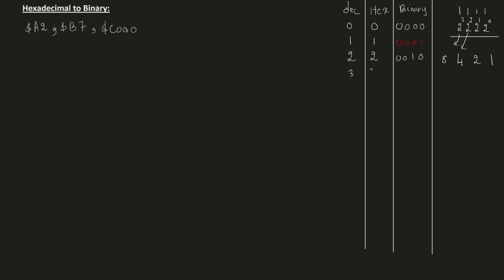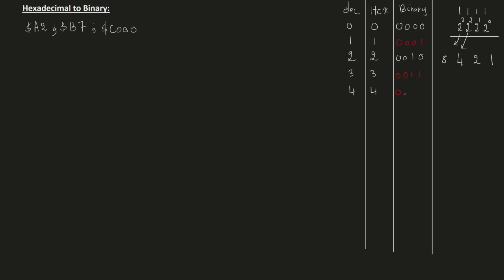3 in hex is a 3. In order to get 3, we need to add 2 plus 1, so we need those two bits to be 1s. So 3 in binary is 0, 0, 1, 1. 4 in decimal is 4 in hex. In order to get 4, we need this bit here to be 1.